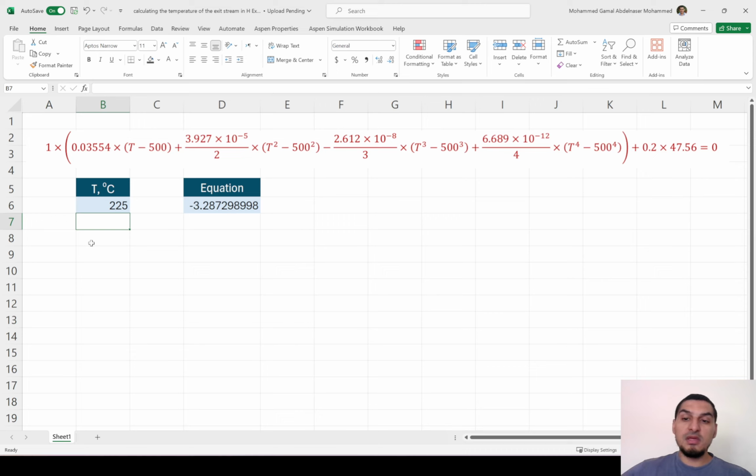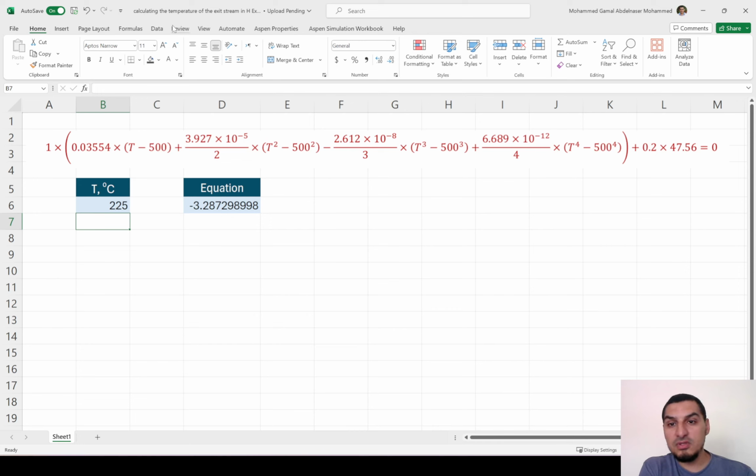But if you're going to do this manually, it's going to take a long time, because you need to change the values and see if it's getting close to 0 or not, and it's going to take a lot of trials. So Excel can help us to do this exercise for us without having us do this manually.